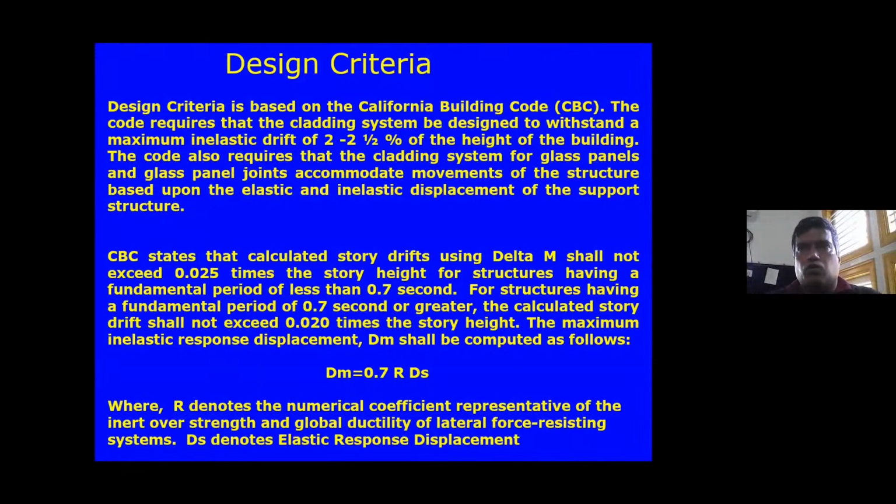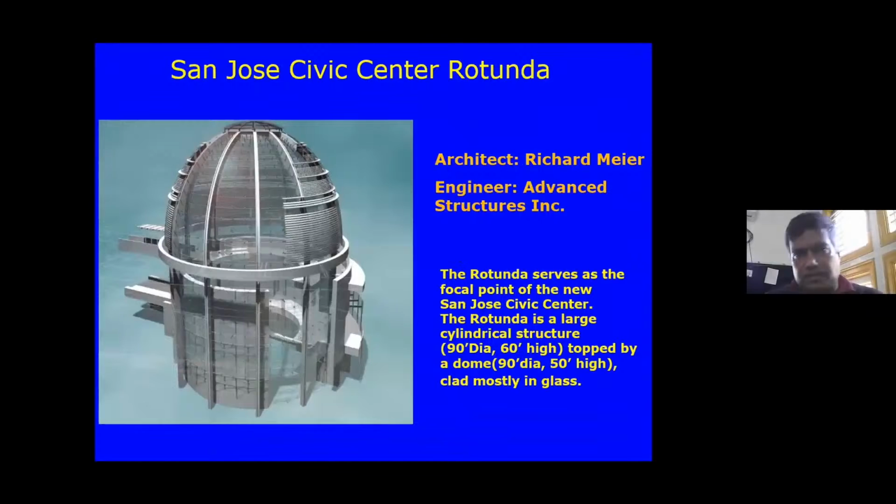So if it is 120 inches, it is about 2.4 or 2.5 inches of deflection. So the glass in an earthquake should accommodate about 2.5 inches for about a 10 feet panel. Similarly, for a high-rise building, they reduced it from 2.5% to about 2%. There are criteria for other buildings also, but these two are the primary ones: about 2% for very tall buildings and 2.5% for low-rise buildings.